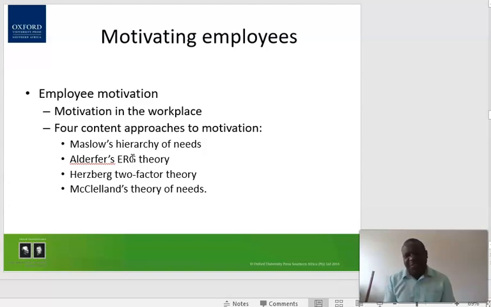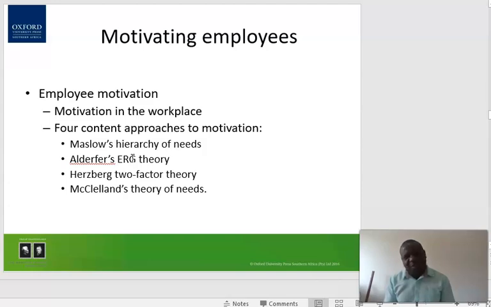You are saying, no, you can't use the salary to motivate people. You can't say people should be motivated because they are working in an environment where they cannot be harmed. When people leave their homes and come to work, they expect to go back unharmed, safe. So you can't say, no, you need to celebrate because you are not going to die in this organization.